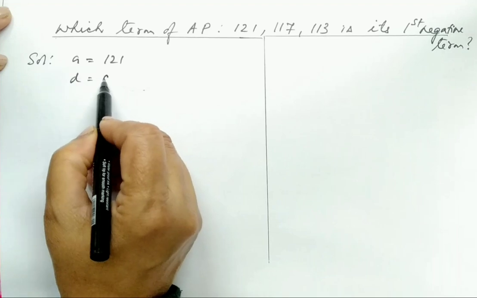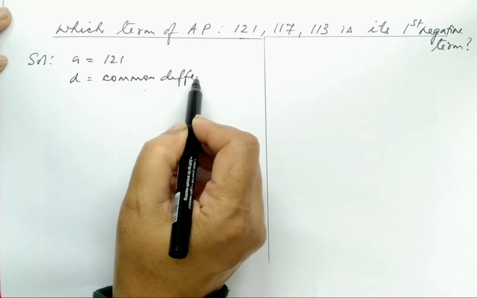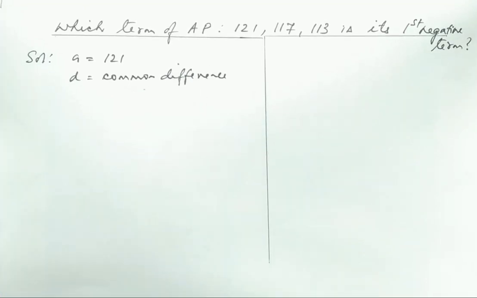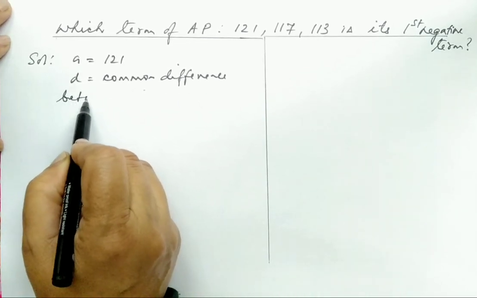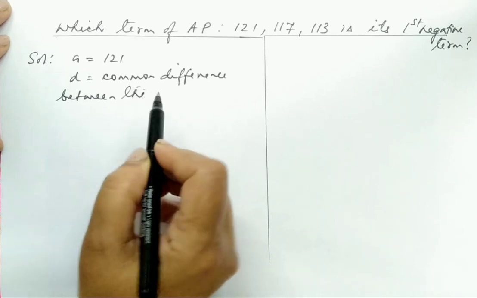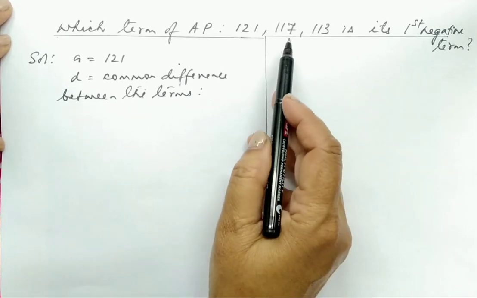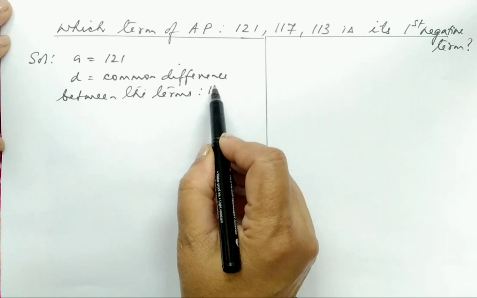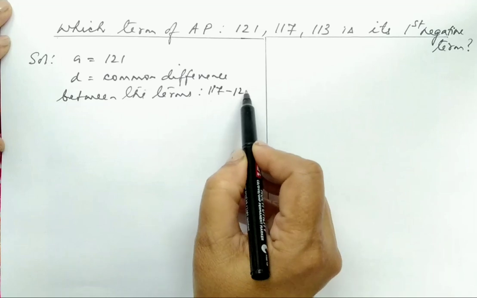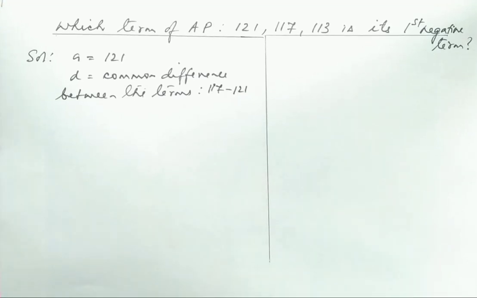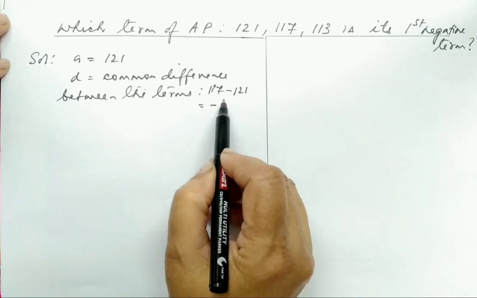As you know, it's the common difference between the terms. Which means we have to subtract 121 from 117. So we get minus 4.